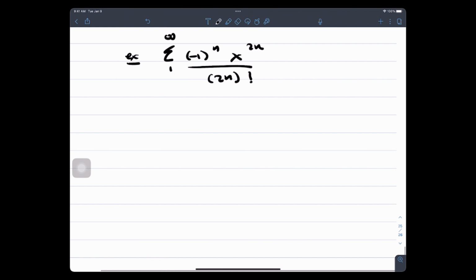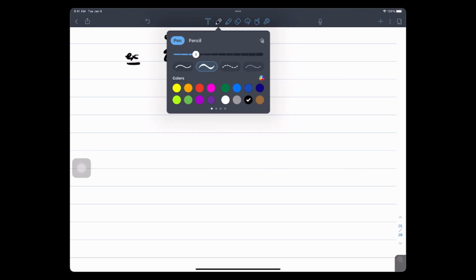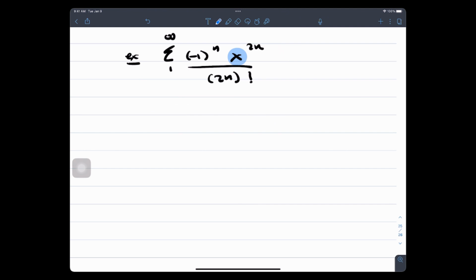Okay, another power series representation. The variable x. I want to know for what values of x you have convergence here. So what are you guys going to use again? This whole thing is going to be your a_n: negative 1 to the n, x to the 2n over 2n factorial.